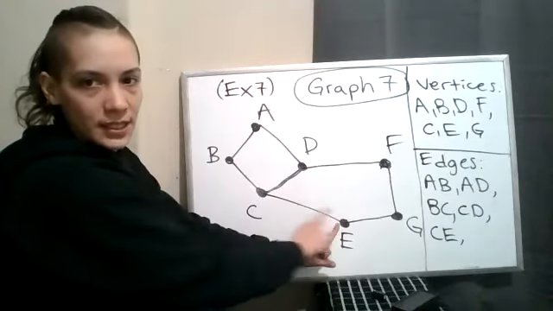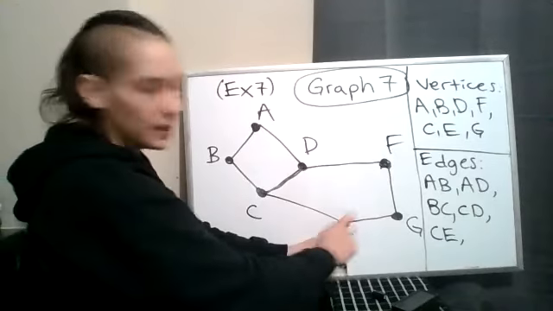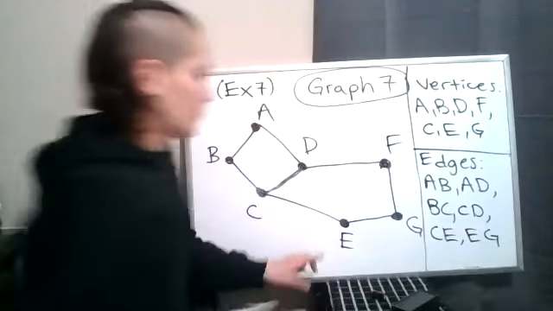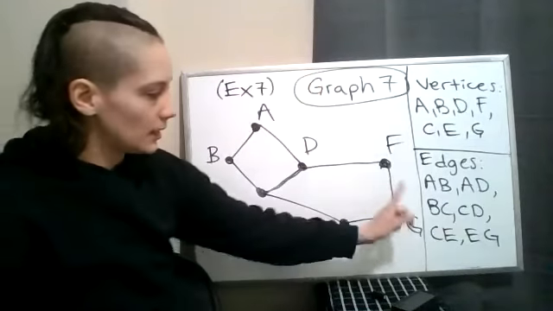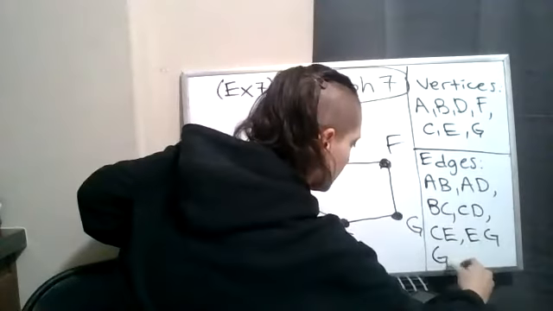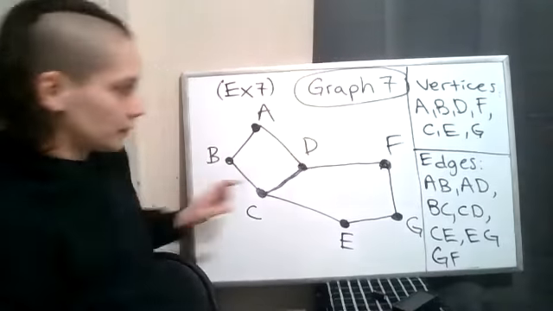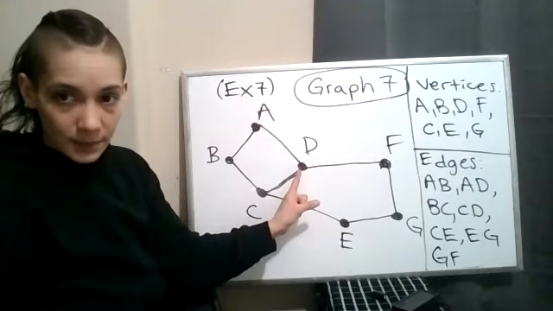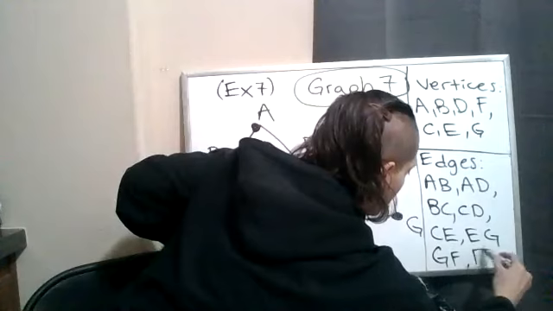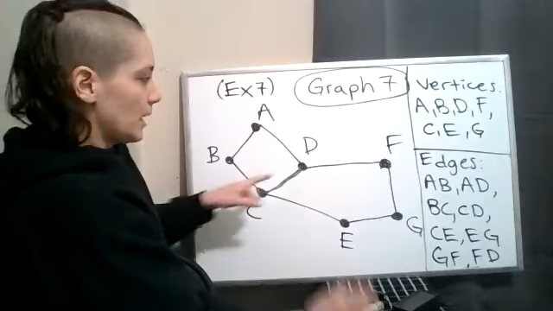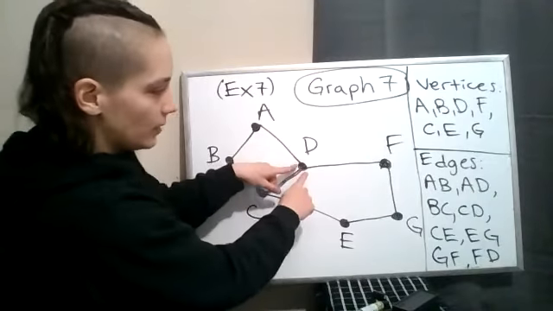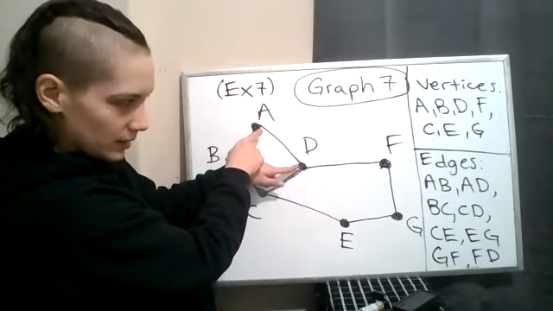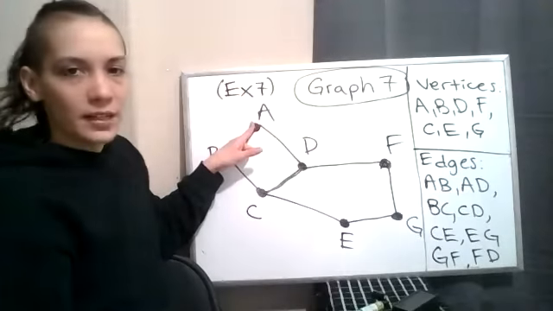There's E, which goes to C, but we just did that one. E also goes to G. G to E, did it. G to F. And then, let's see, did we get FG and FD? And then we have D to F, we have D to C, and D to A is right there. And then we're back at the beginning.